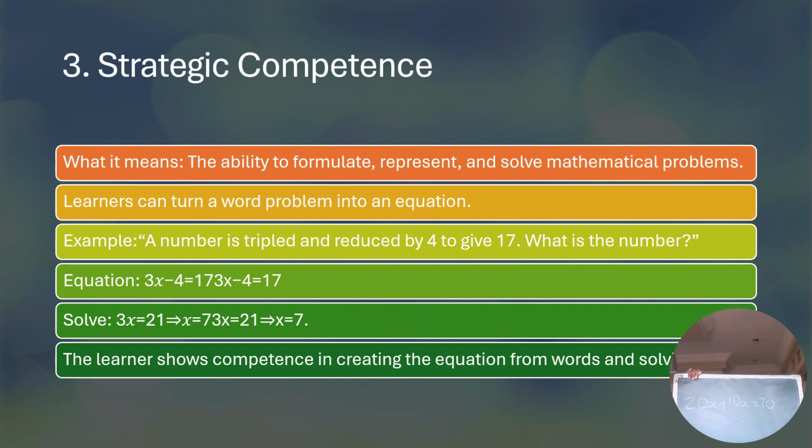And exactly per kilometer, the taxi driver charges 10 rand. So he charges 70 rand in total. So this is our equation: 20 rand as the base fee, 10 rand per kilometer, and then 70 rand.